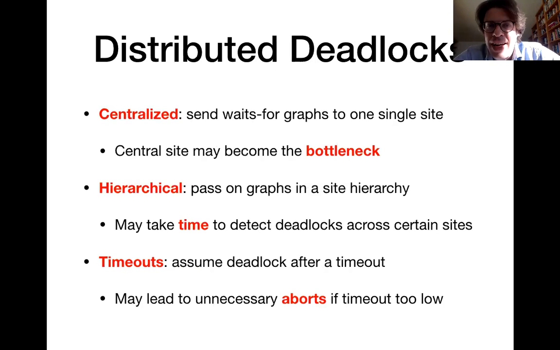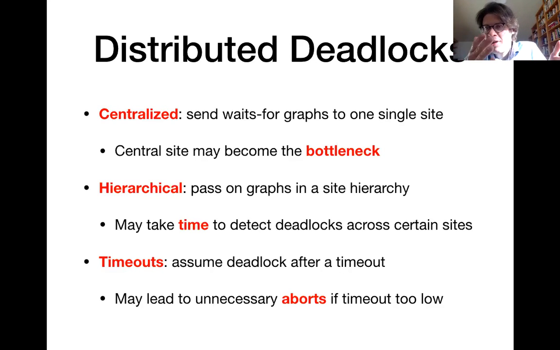When it comes to deadlock detection, we again have the possibility to have one centralized component that obtains the waits-for graphs from all the single sites. As a little reminder, a deadlock is essentially a chain of transactions waiting for each other in a cycle such that nobody can make progress. The way to detect deadlocks is to look for cycles in this waits-for graph, which tells you which transaction is waiting for locks from which other transaction.